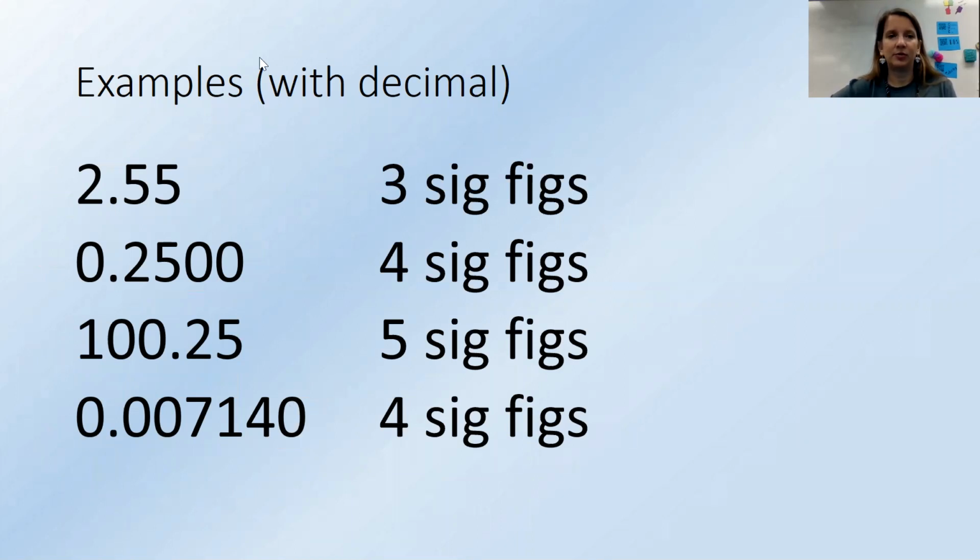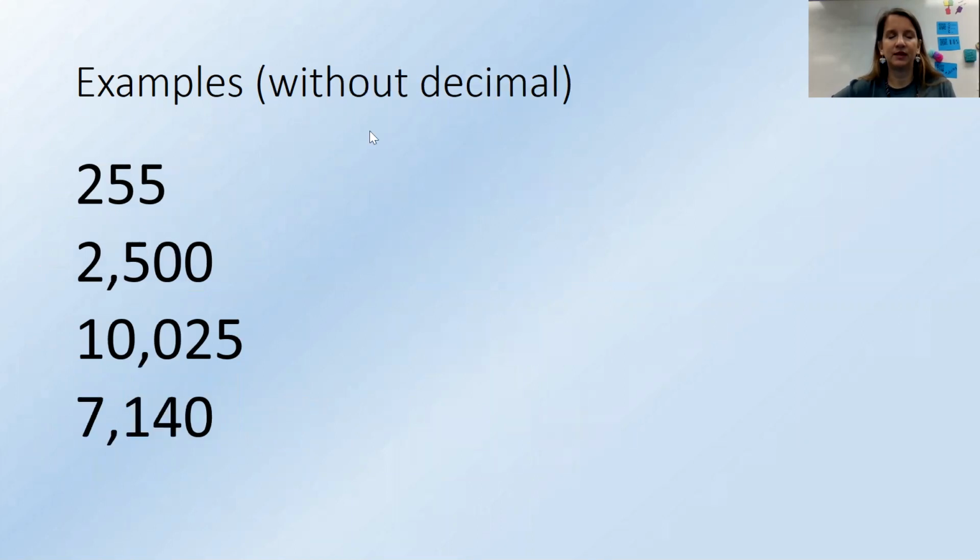With our next examples, these ones are without a decimal point. When the decimal point is absent, we're going to start counting from the right side for all of our examples. Remember, we go to our first non-zero from this side, start counting and keep counting.